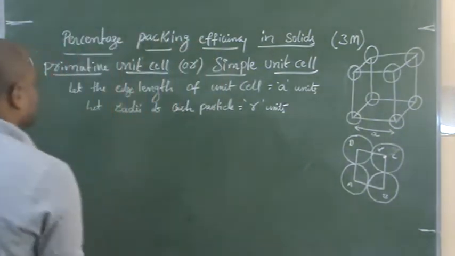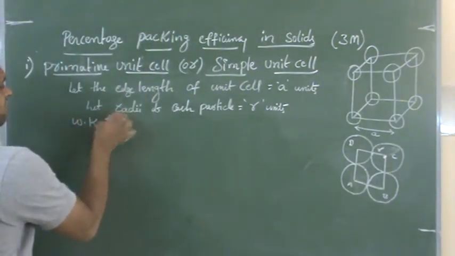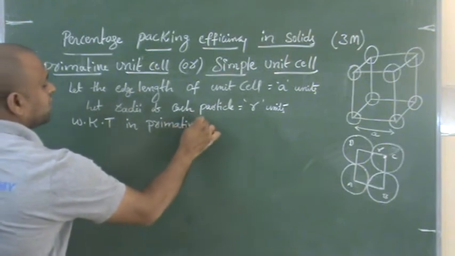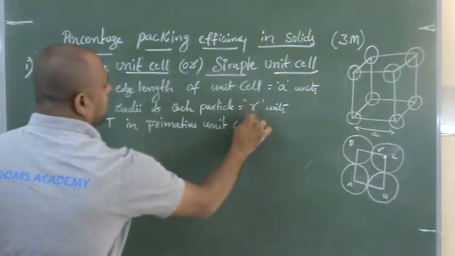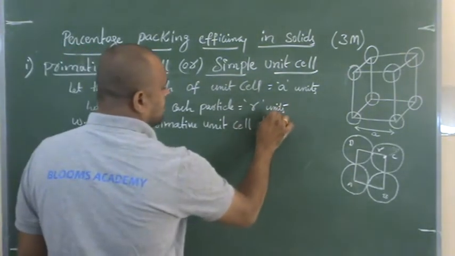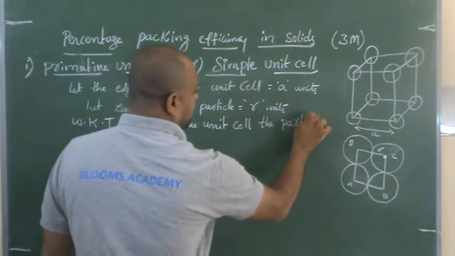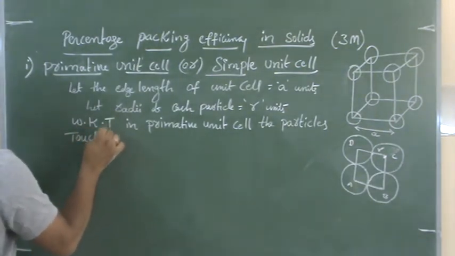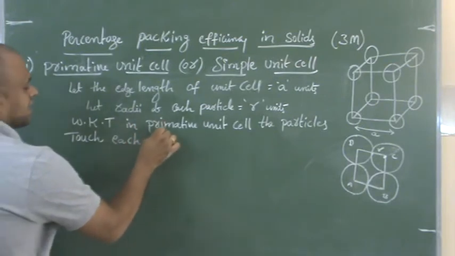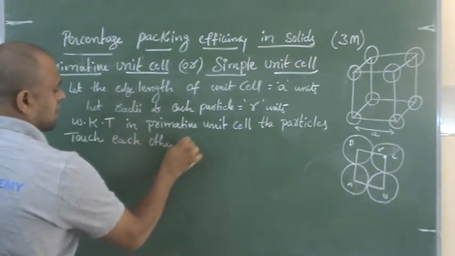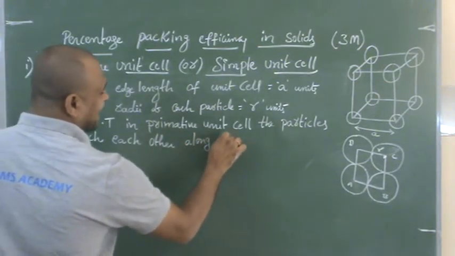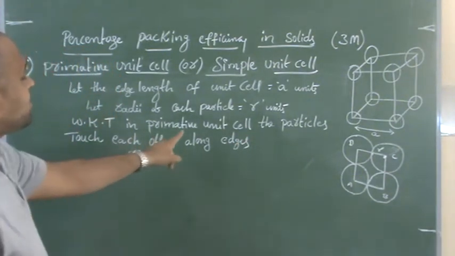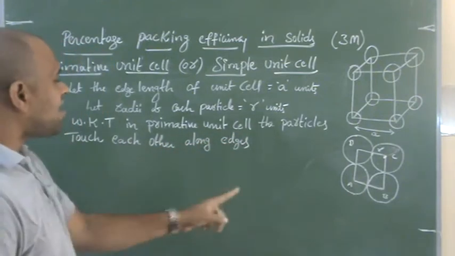Then we know that in primitive unit cell, the particles touch each other along edges.